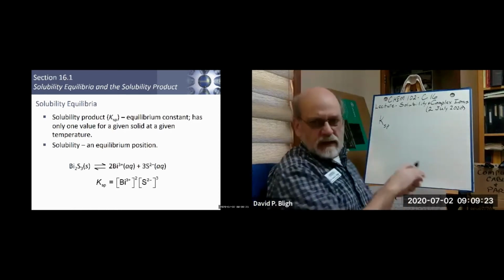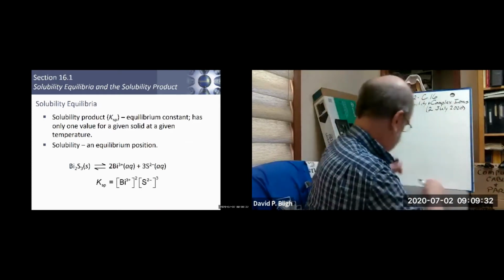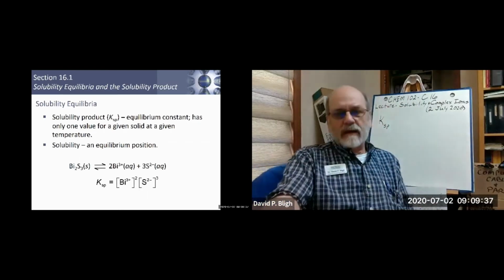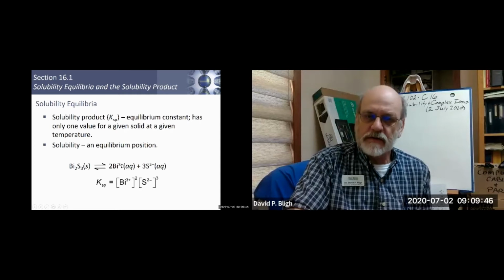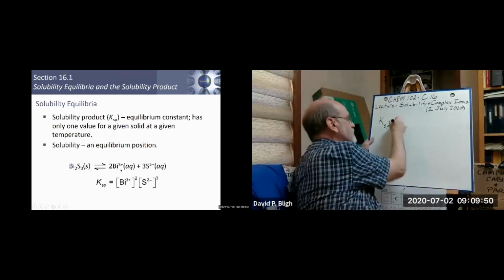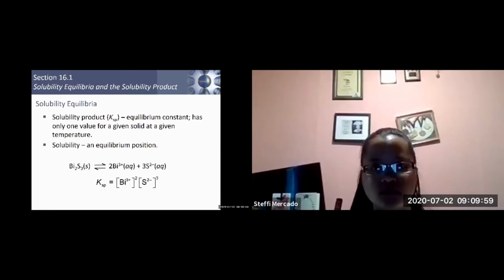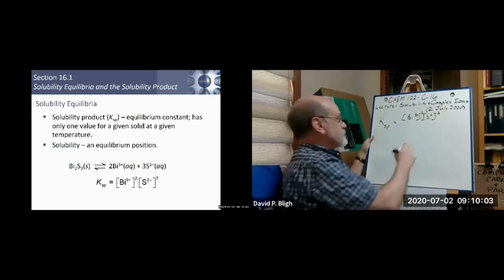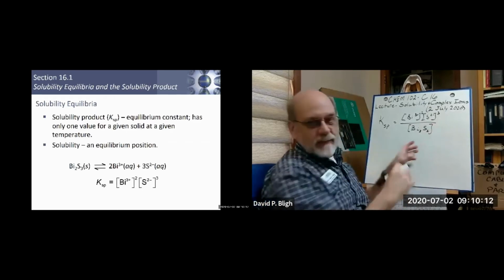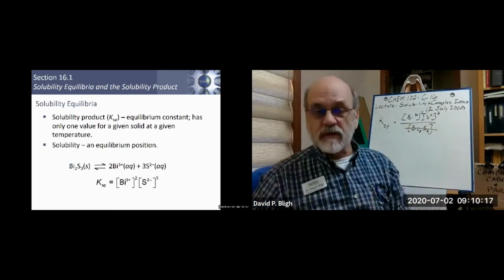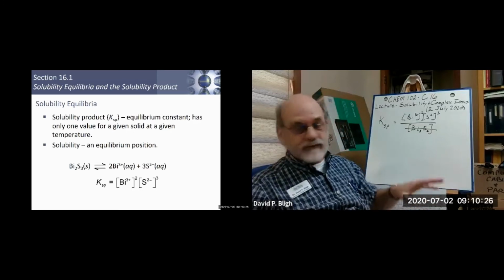So you'll recognize a reaction in which you have reactants and products, and of course when you derive the expression, it's got powers, and then the tendency is to put this one in the denominator, but since it's a solid, and this is characteristic of all the solubility product expressions, there will be a solid involved which drops out of the expression, and the only thing left is the numerator, right?